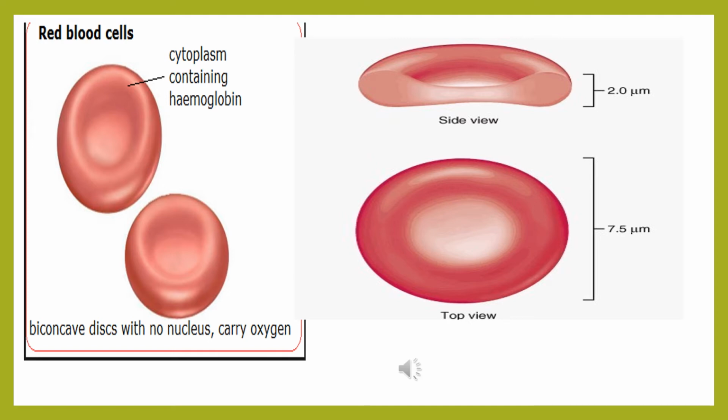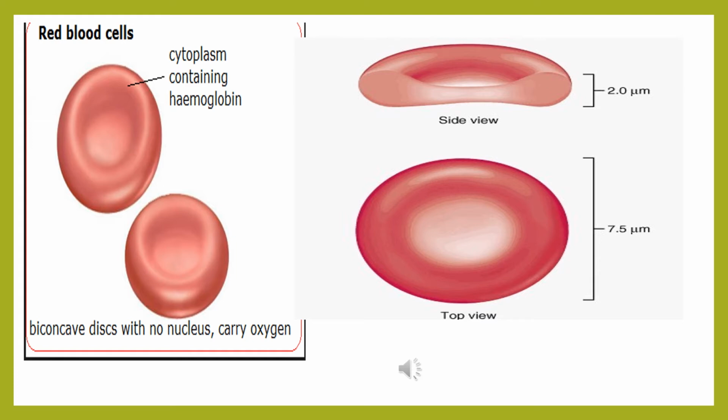In the cytoplasm of a mature RBC, mitochondria and other organelles are absent, but in the RBC there is the presence of hemoglobin which carries respiratory gases. Here, the diameter of a mature RBC is about 7 to 7.5 micrometer and the thickness is 2 micrometer.